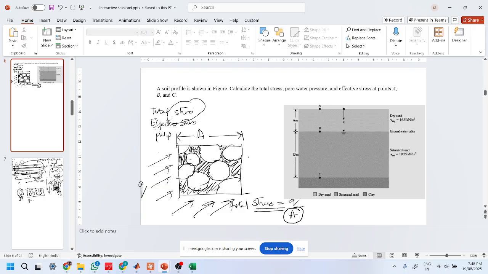Will these pores resist the load and provide the stress? So what we do is we have considered this effective stress, which is equal to the total stress minus the pore water stress. So while pore water pressure is the equivalent minus u.